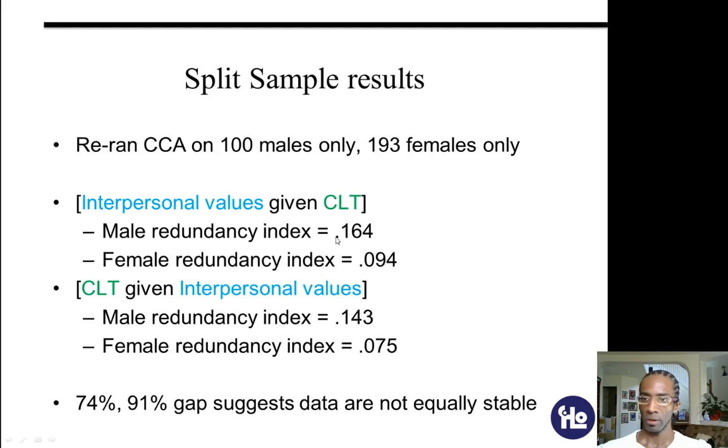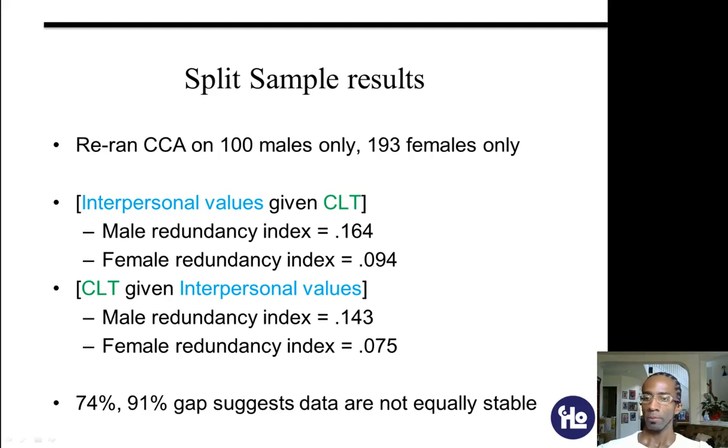So in my particular study, which I'm using to walk you through this video, I reran my CCA on 100 males only versus 193 females only to see if there was a difference in the CCA results for sex. And when I ran that, I looked at the redundancy indexes, and it turns out that my predictor versus my criterions produced different redundancy indexes which had consistent kind of highs and lows across the two sets.